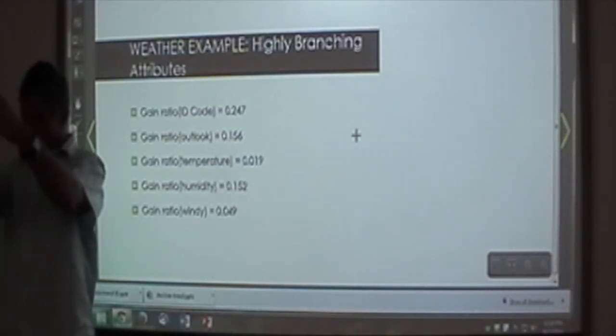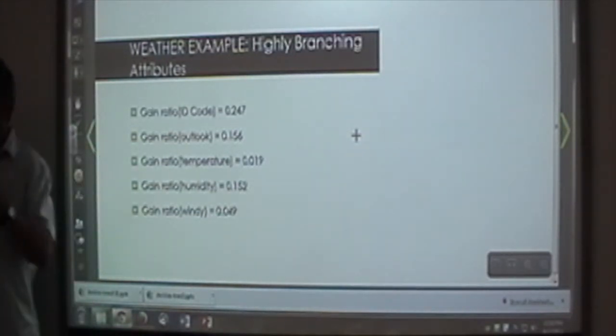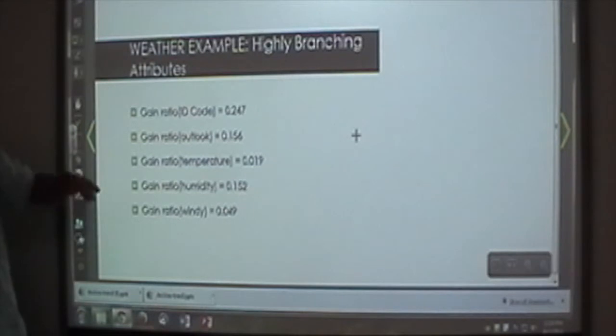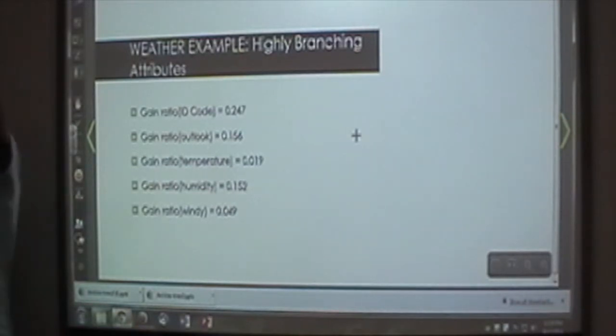So now I'll branch on outlook, and we're going to repeat the process that we just finished over the other attributes, temperature, humidity, and windy, to select the next attribute over which to split. It's a greedy algorithm, right? We're finding the most information we can gain from the first step, and then we're going to repeat and find which split will give us the most information next.